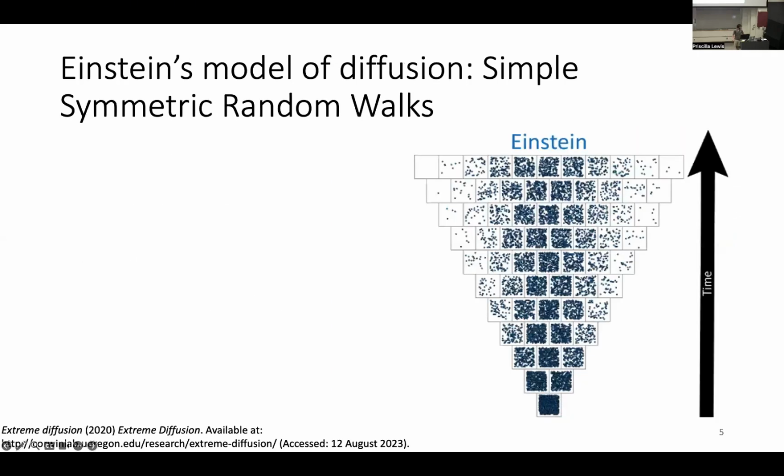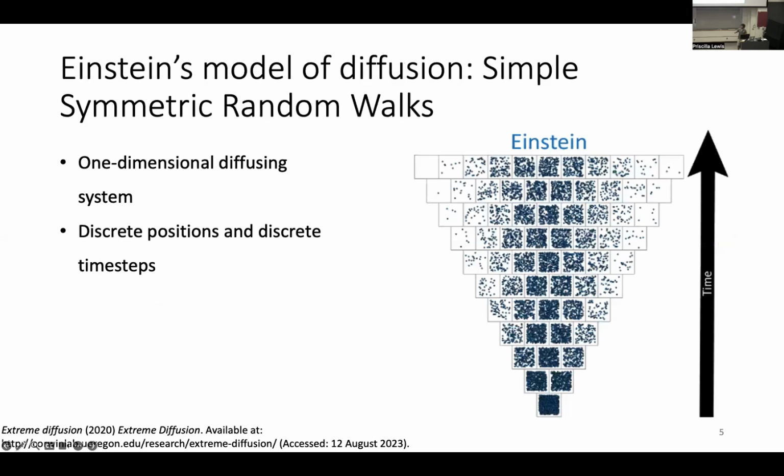Let's look at a one-dimensional example. This is a one-dimensional diffusing system with discrete positions and discrete time steps. The positions are the blocks and the time steps are also the blocks. Here you can see that all the particles start in the middle. And then because this is a one-dimensional system, they can either go left or right.